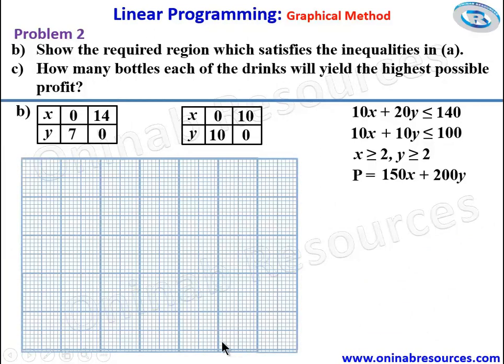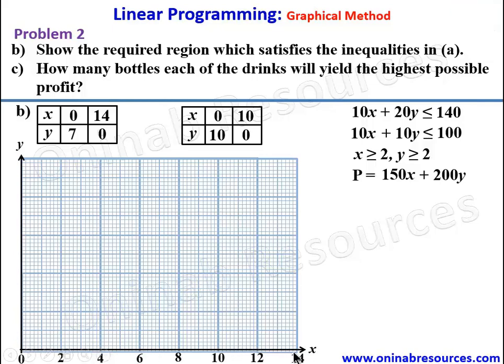As usual, we have our x-axis and our y-axis. Here is the origin. We have 2, 4, 6, 8, 10, 12, and 14, that is 2 centimeters representing 2 units. The same thing on the y-axis, 2, 4, 6, 8, and 10.